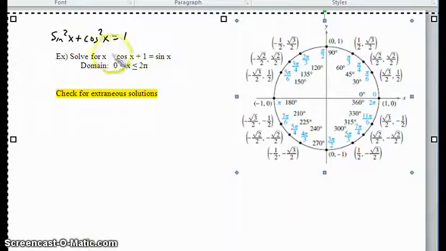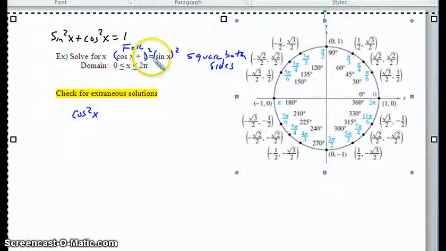So the way I'm going to start this problem is I'm going to square both sides. The reason that I'm going to do that is I'll have to FOIL this when I square it. And when I FOIL it, I'll get a cosine squared x plus 1 cosine x plus another cosine x would make 2 cosine x, and then plus 1.